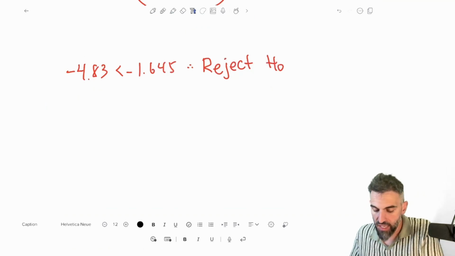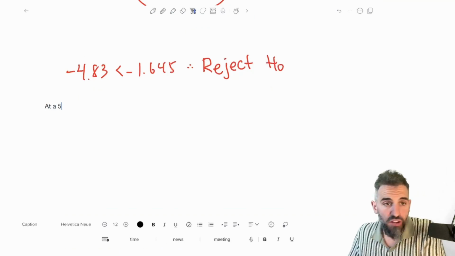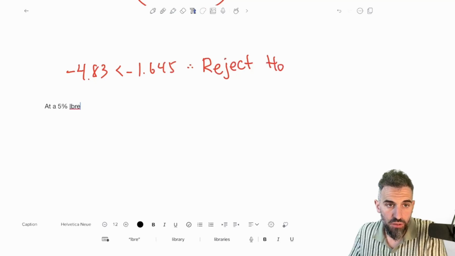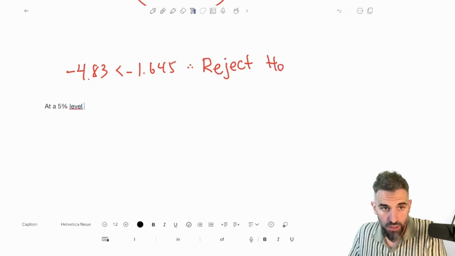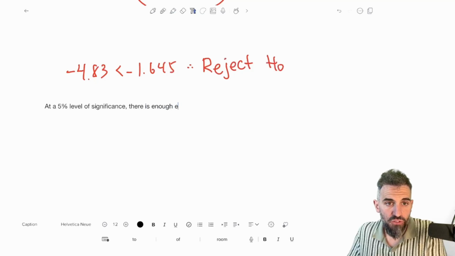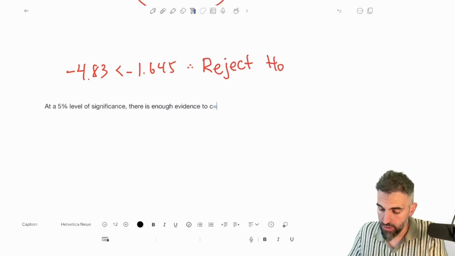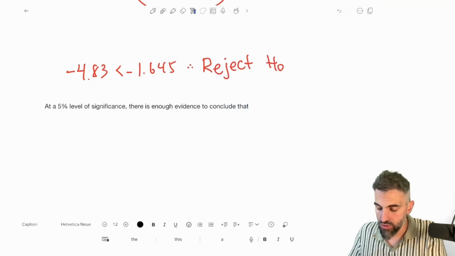We're basically saying that at a 5% level of significance, there is enough evidence to conclude that Toyota's claim is wrong.